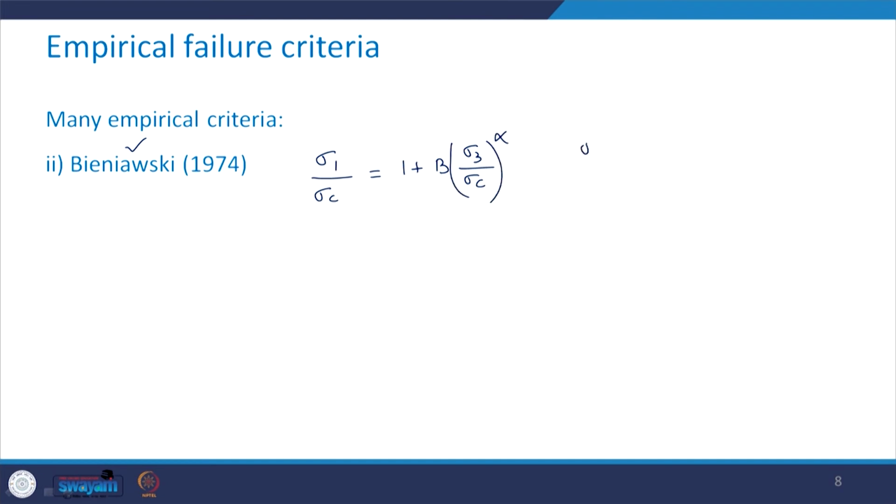Again here sigma c is the UCS of intact rock, which is available to us. We can just give it as an input parameter, and here alpha and b are the parameters of the criterion.